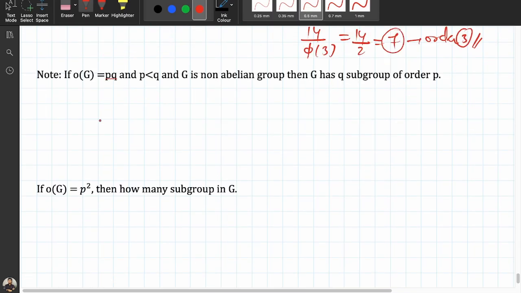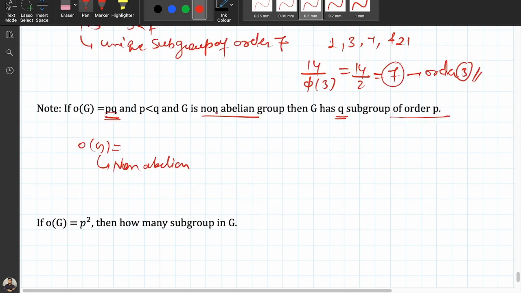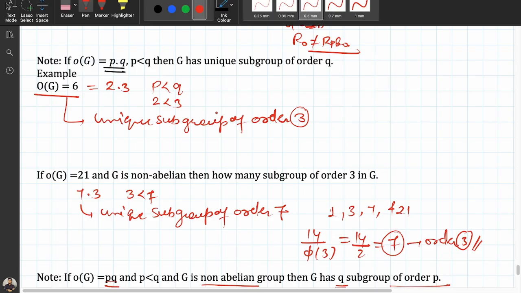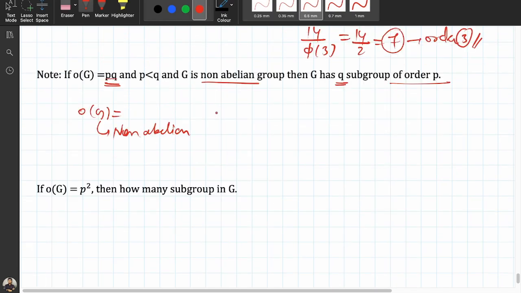Okay, next, if the order is P into Q, with P less than Q and it is a non-abelian group, then G has Q subgroups of order P. So from here I'll take one example. Now G is non-abelian. In the previous one it was not specified; now it is non-abelian.